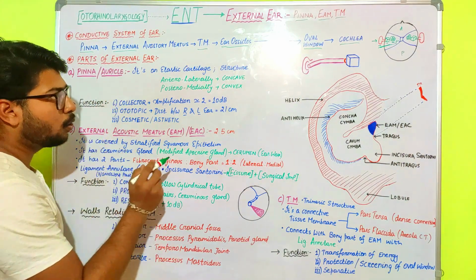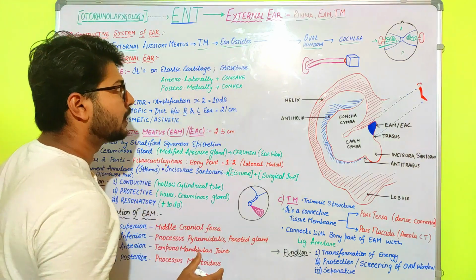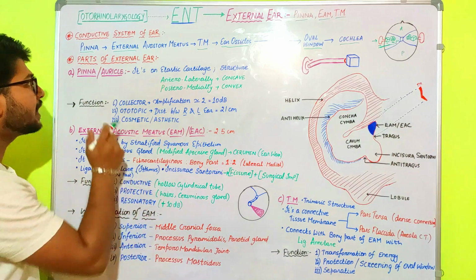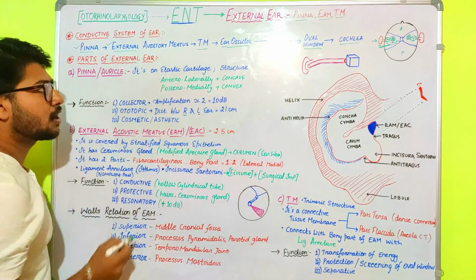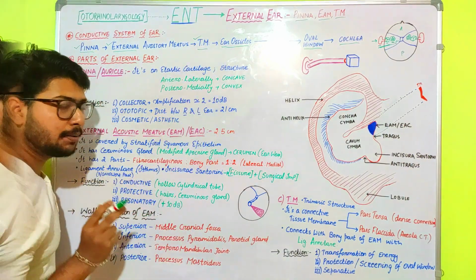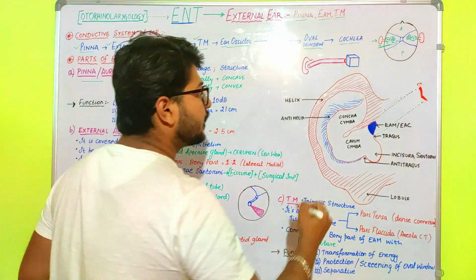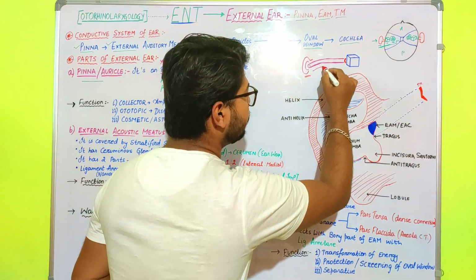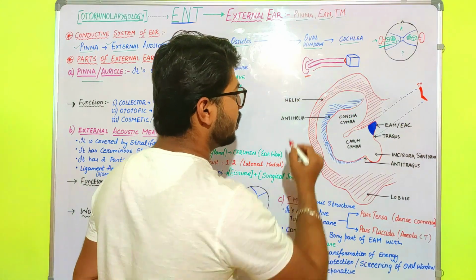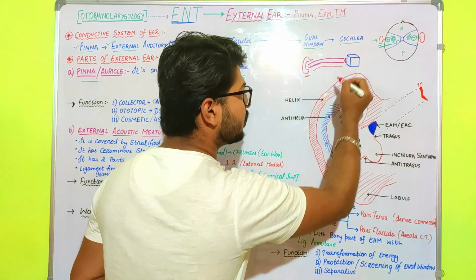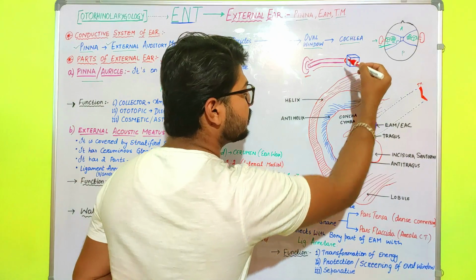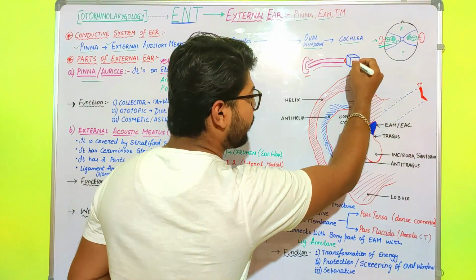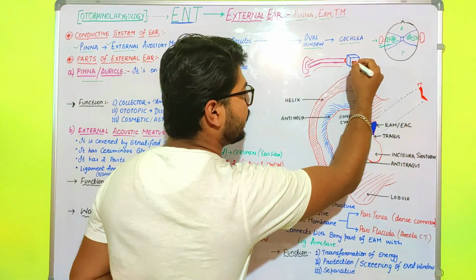So for now we are reading about the external ear, and the conducting system of the external ear has the parts pinna, external acoustic meatus and tympanic membrane. This diagram represents the external ear, then the pinna, the external acoustic meatus, and this structure represents the tympanic membrane, and behind the tympanic membrane we have the middle ear.